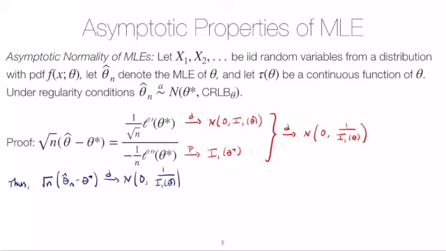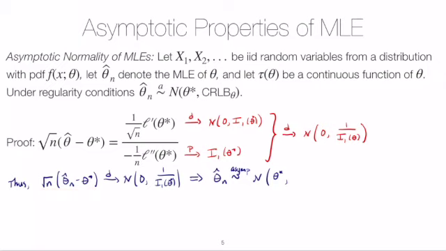Just unpacking this, we can extract an asymptotic distribution from this convergence in distribution statement. This should imply that the asymptotic distribution of the MLE is normal, and the mean you can read off here as theta star, so this is just the definition of asymptotic normal. The variance is read off from this quantity also.